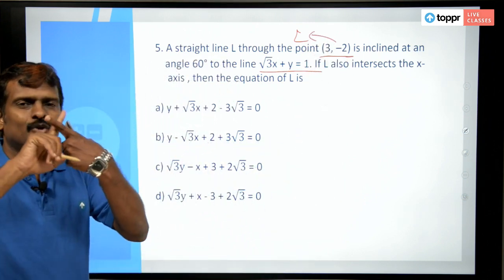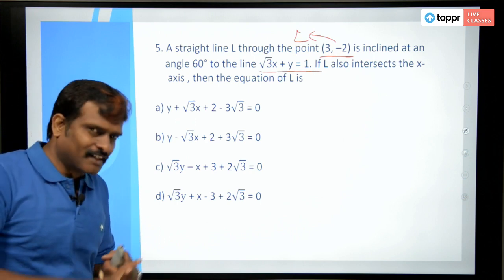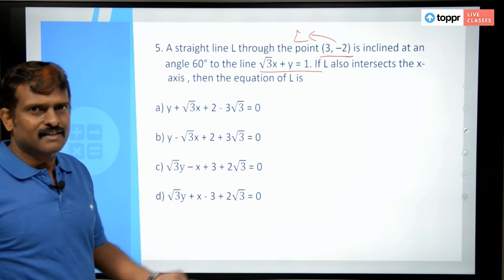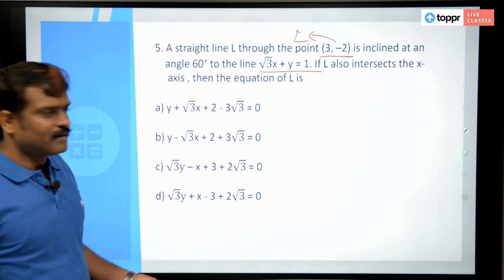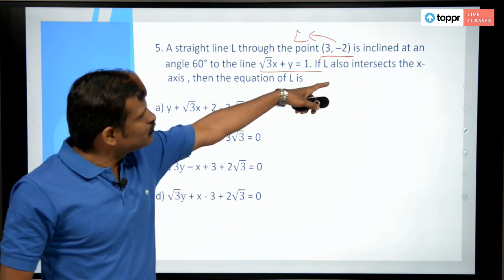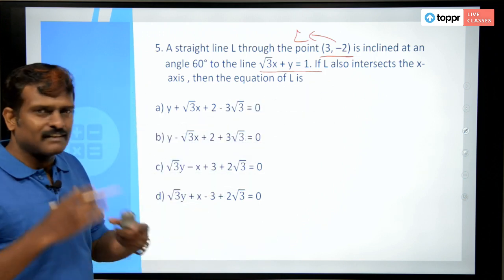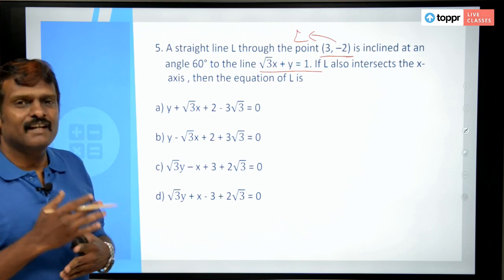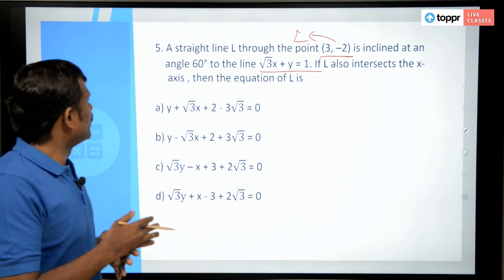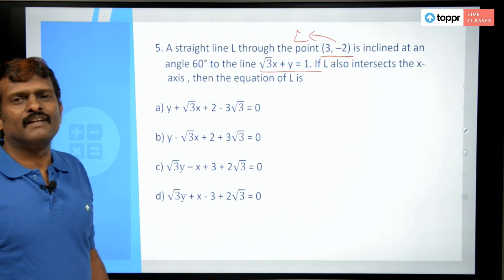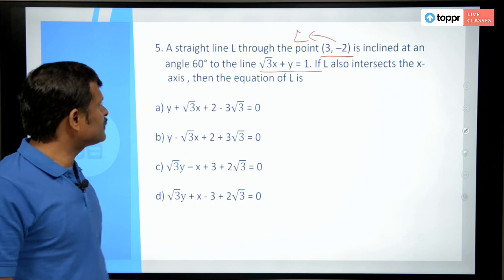The angle between those two lines is 60 degrees. We know, like angle between two lines is the tan rule, right. If L also intersects the x axis, then the equation of L is, so he is asking us to find the equation of L, right guys.